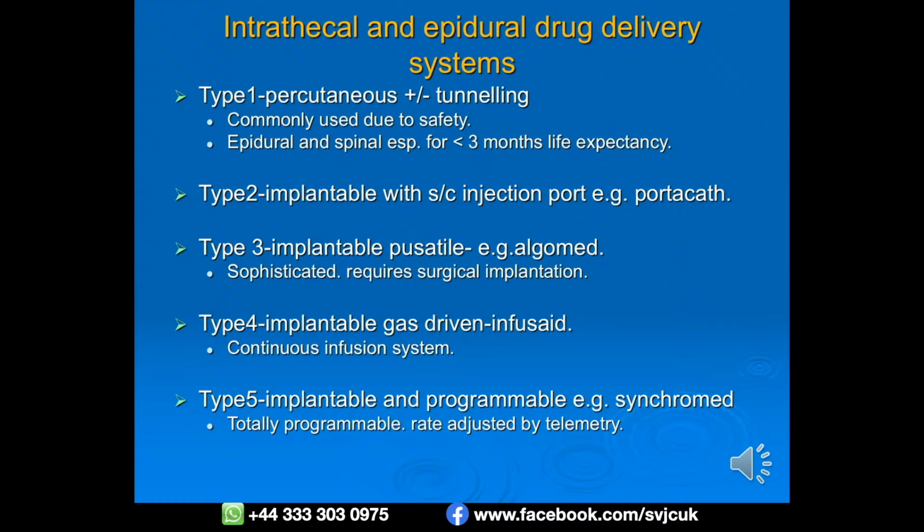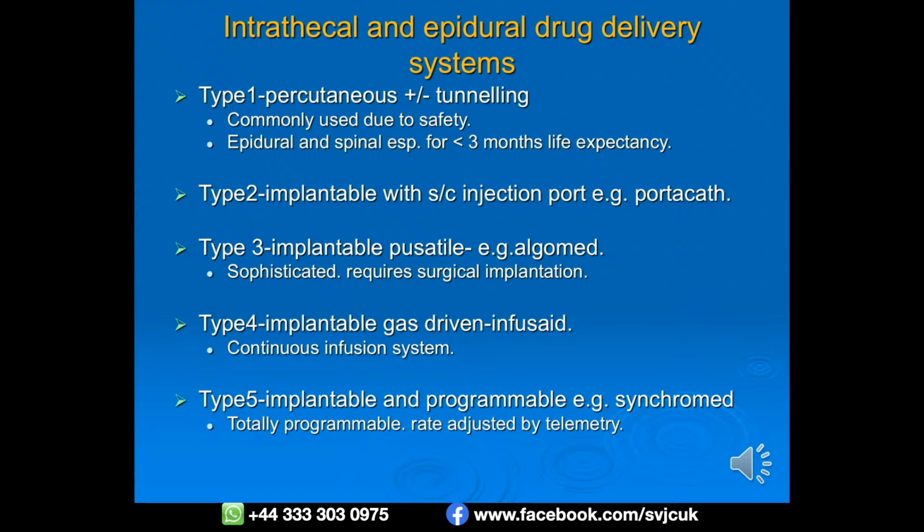If you are going to use drug delivery either intrathecally or epidurally, there are different ways you can use them. In fact, there are 5 types of indwelling epidural and spinal delivery methods.